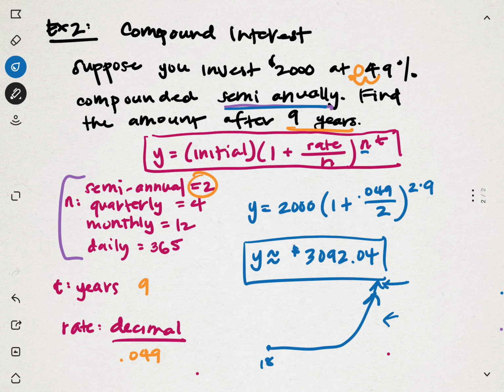Now, if you start when you're older, say you're doing it when you're 30, right? By the time you retire here, right? So let's say this is when you're 60 and you want to retire. When you're 60, you're still going to be on that small part of the curve, so you're going to have to invest a lot more money up front to end up with the same amount of money at the end.